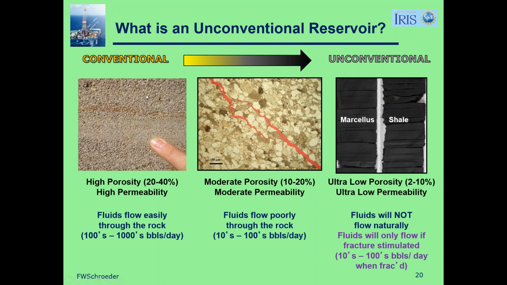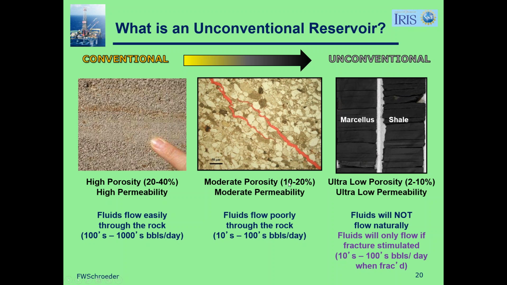So here's an example of a conventional reservoir that might have a porosity of 20 to 40%, high permeability. We can drill into these and we can produce hundreds to thousands of barrels per day through standard drilling operations and standard pipe.